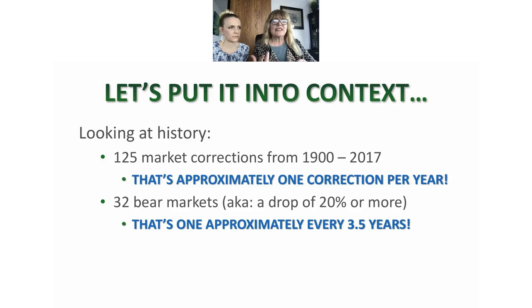We'll look at that. Let's look at history. There have been 125 market corrections from 1900 to 2017. So basically we have at least one market correction every year. Bear markets happen basically almost every 3.5 years. So it's normal for that to happen. The thing is, you don't want to be pulling money out.